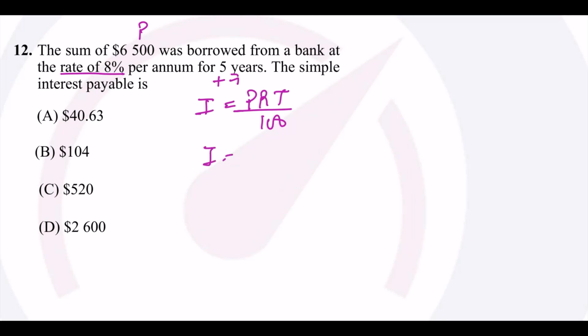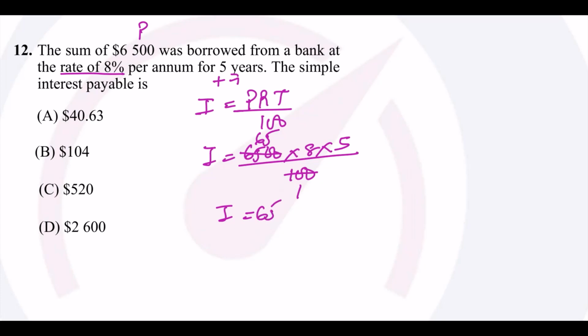So I is equal to 6,500 multiplied by 8 multiplied by 5, all over 100. So 100 into itself 1. 100 into 6,500 goes 65. And 8 times 5 is 40.